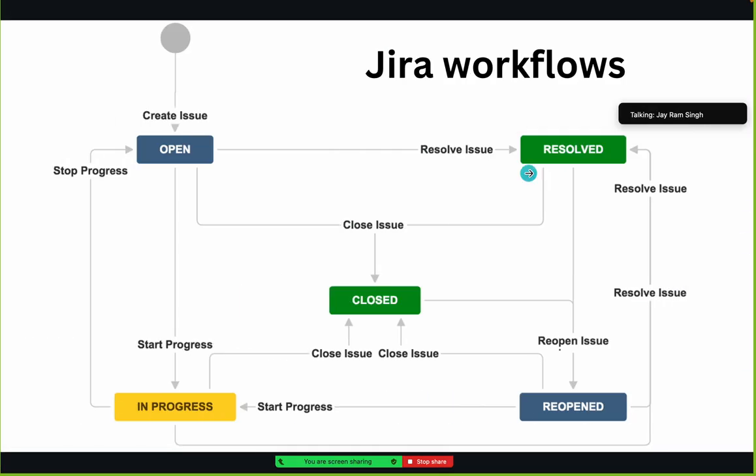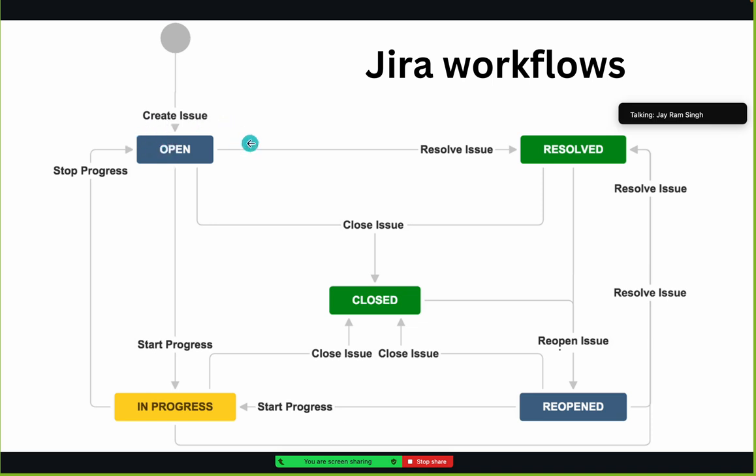From the diagram, you can see when you create a JIRA issue, it's first in open state, which means to do, right? If you are using Scrum, it is not even to do first, it is in the sprint until you start the sprint.